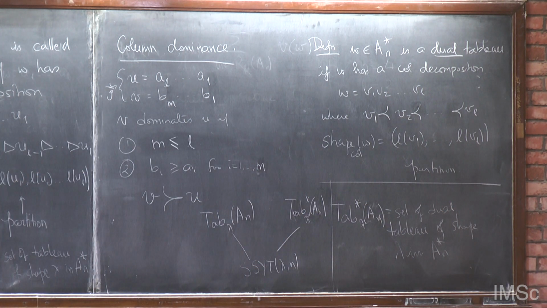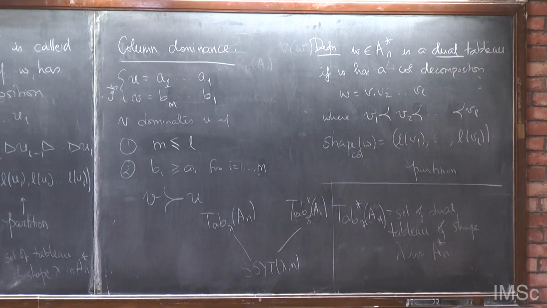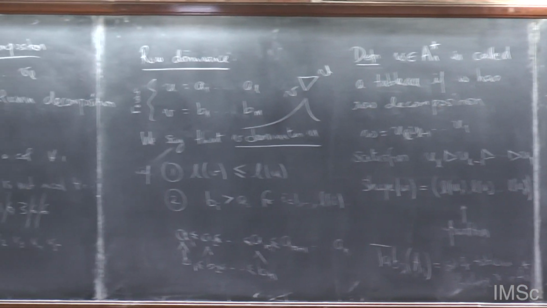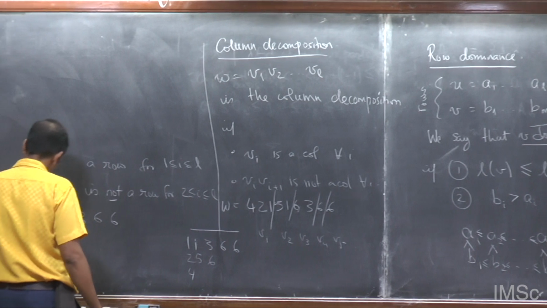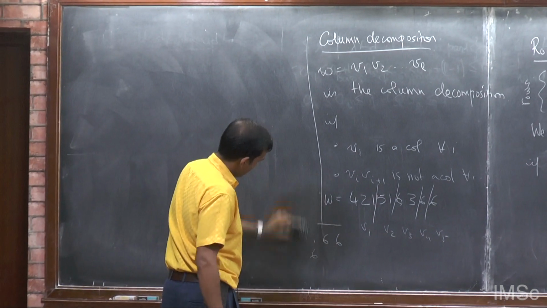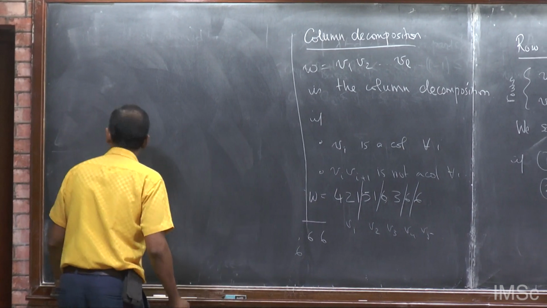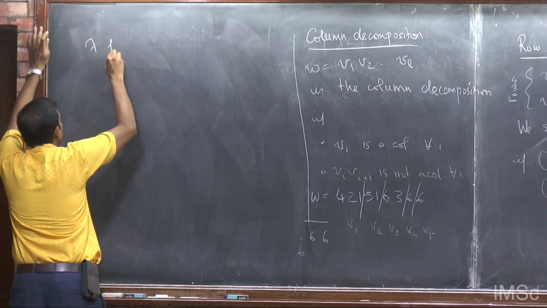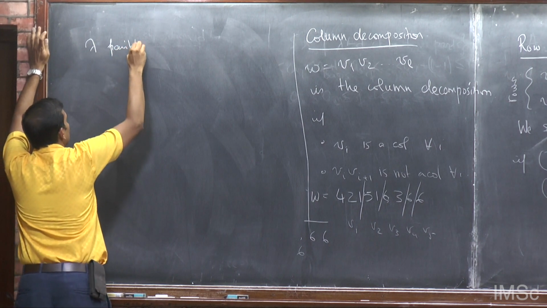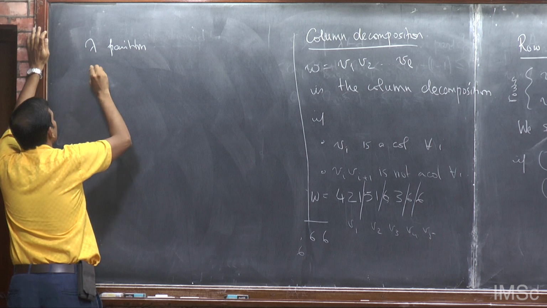So now let's talk about the conjugate of a partition. If lambda is a partition, then you can draw its Young diagram.